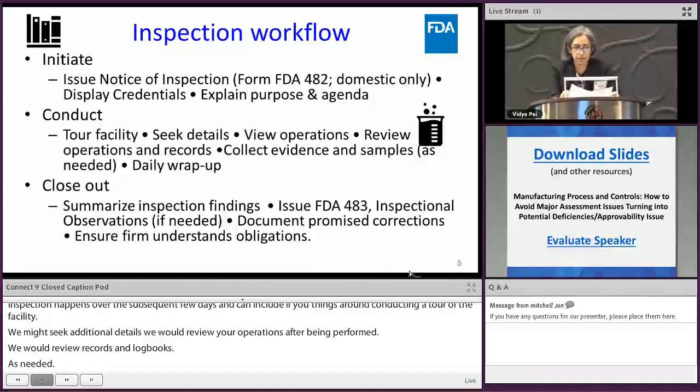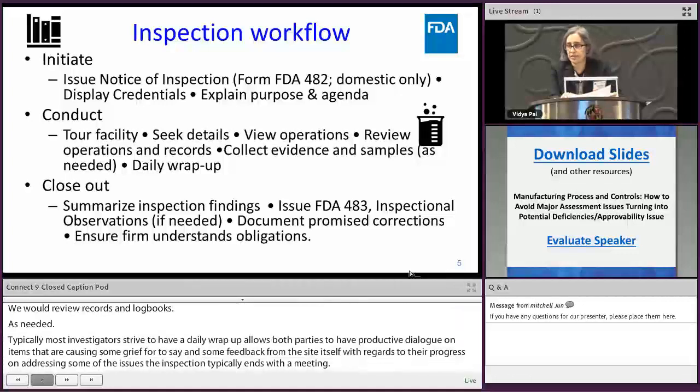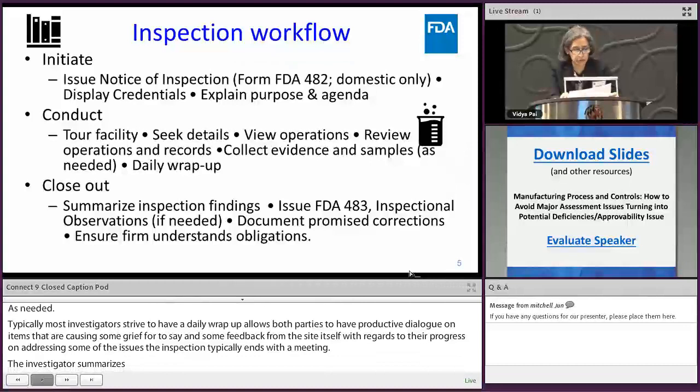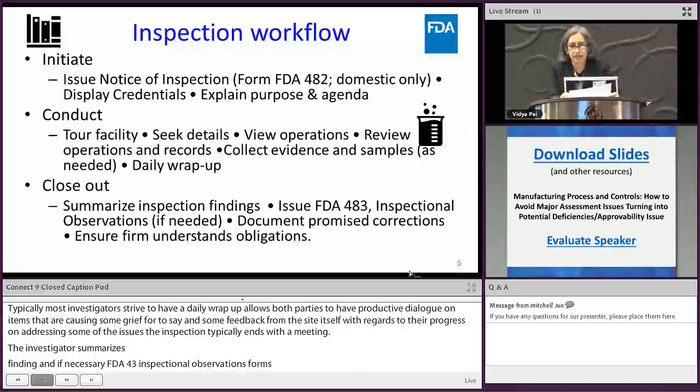The inspection typically ends with a closeout meeting. The investigator summarizes the inspection findings. At this point, if necessary and required, if needed, an FDA 483 inspectional observations form might be issued to the firm. The firm may promise corrections. These are documented by the investigator.